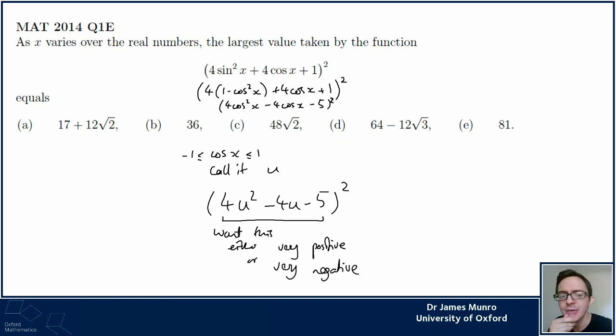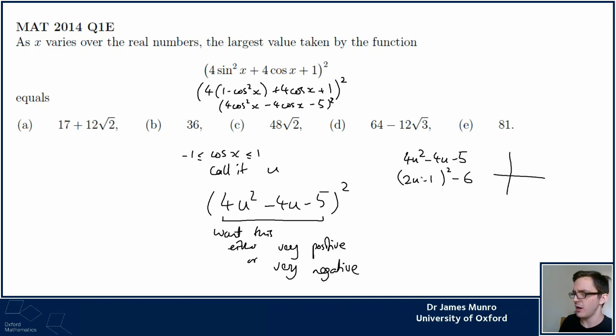Okay, so if I want to make that thing inside the bracket very positive or very negative, I should think about this curve, this thing 4u squared minus 4u minus 5. I quite like completing the square. I think I'm going to complete the square just to see what happens. When you complete the square, that shows me that u is a half, and this reaches a minimum value at -6.